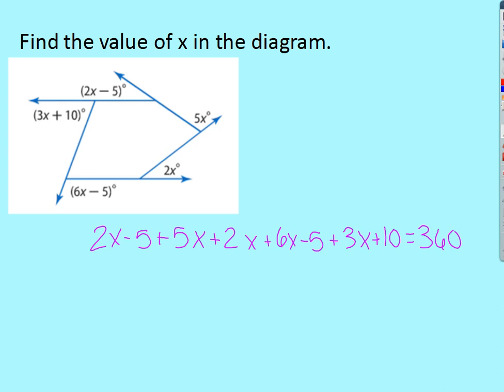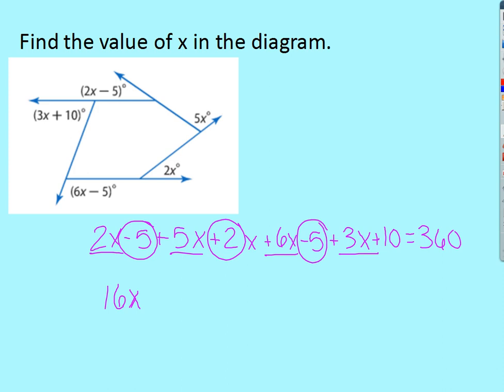So after we add all the angles together and set them equal to 360, we're going to combine like terms. 2x plus 5x gives us 7x, plus 6 is 13x, plus 3 is 16x. Now we can go with our constants. So negative 5 plus 2 is a negative 3.